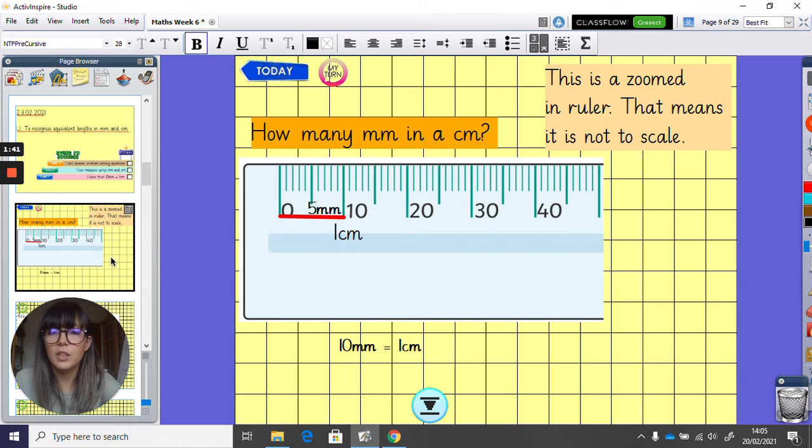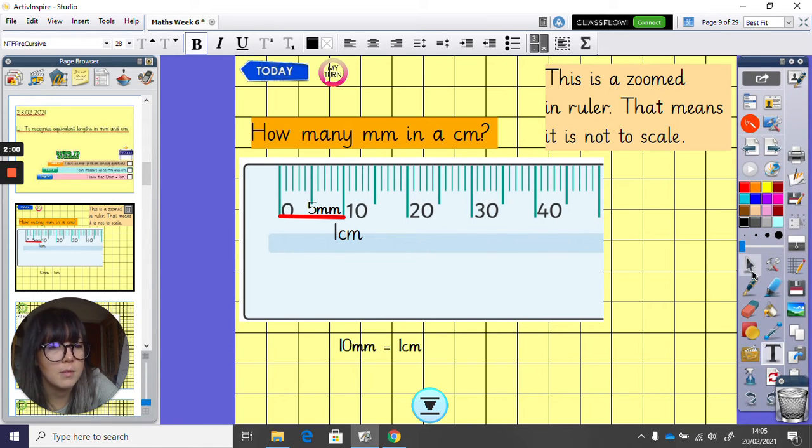The first thing I want to say is that this is a zoomed in ruler. That means it's not to scale. You can't measure using this ruler on the screen. It's almost as if I've got a ruler and I've just zoomed in really close, just so you can see. Now, we want to know how many millimetres are in 1 centimetre.